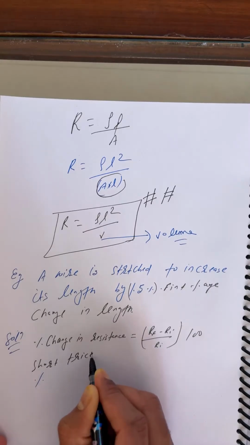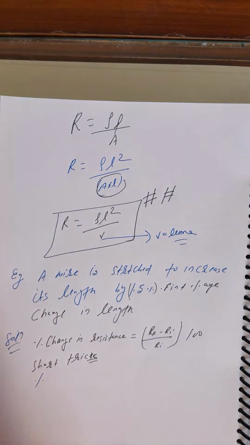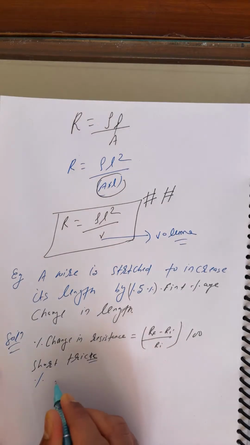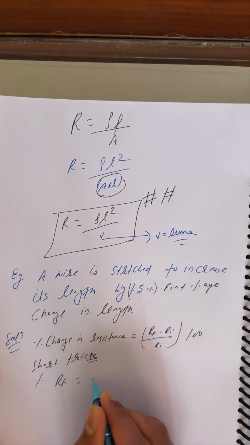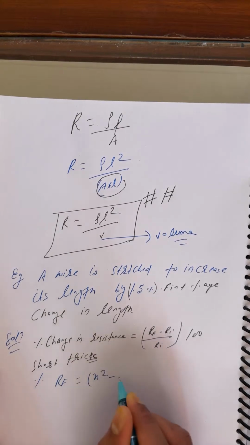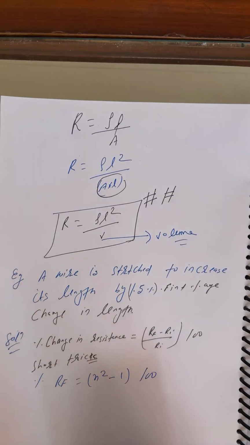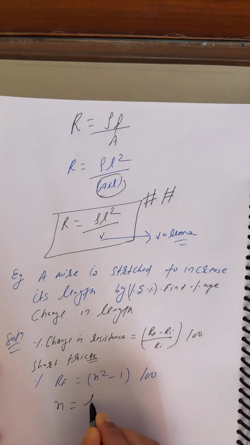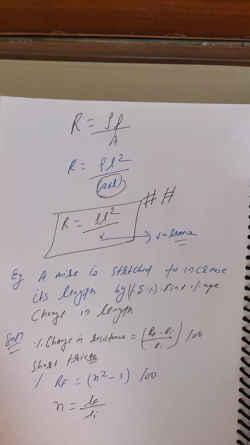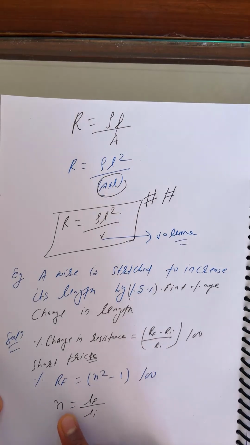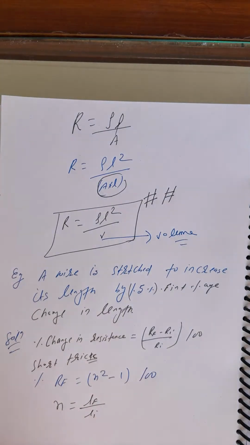For the percentage change in resistance, you can simply write n square minus 1 into 100, where n is length final upon length initial.